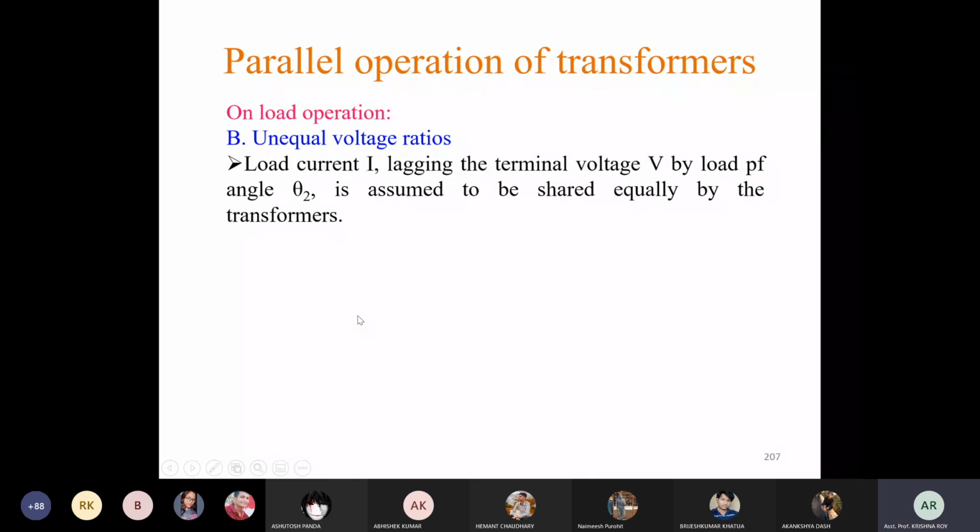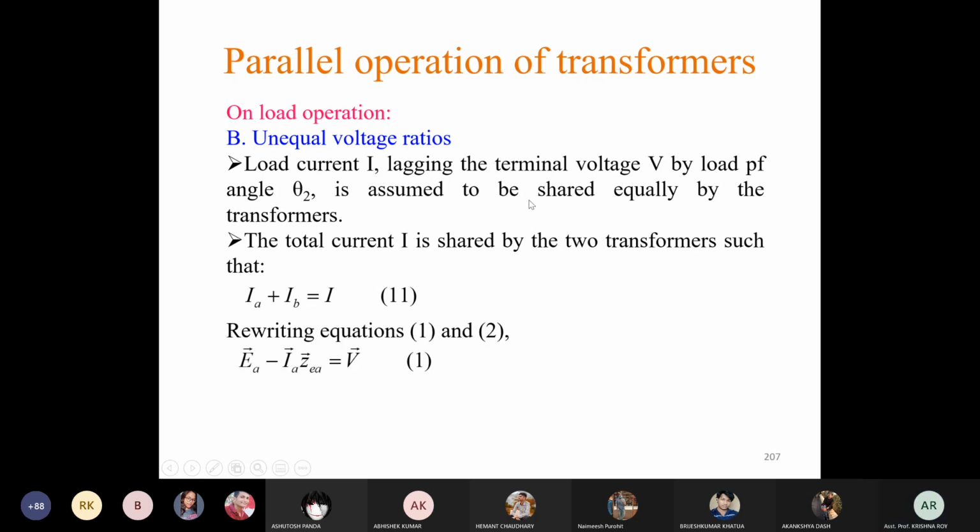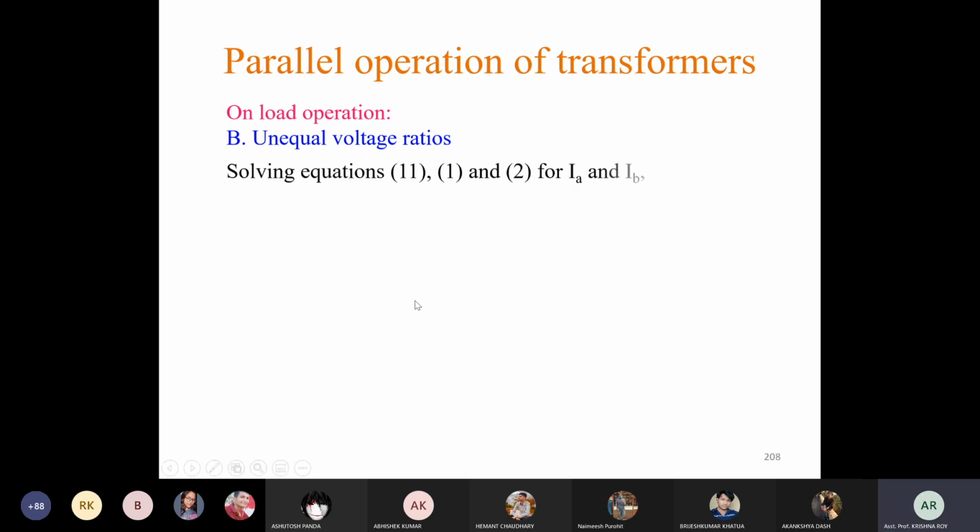The load current I lags the terminal voltage V by the load power factor angle theta 2, and let us assume that the two transformers share this load equally. So the total current I is shared by the two transformers, such that IA plus IB equals I. This was our equation 1 and this was our equation 2. Now see, if EA and EB are not equal, then what happens?